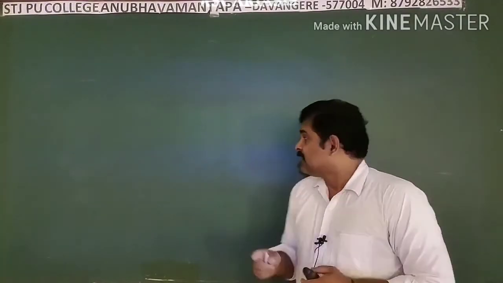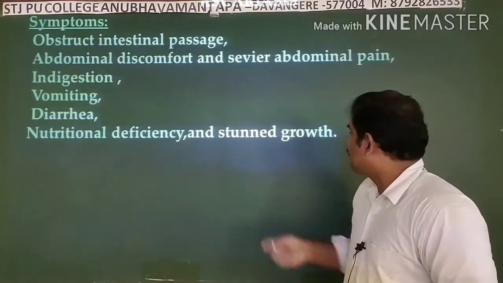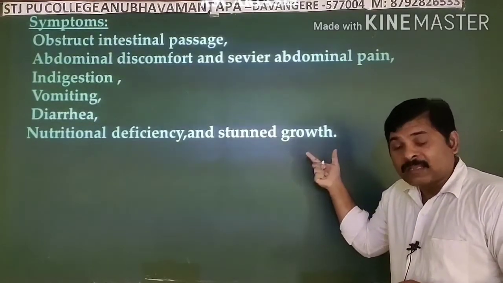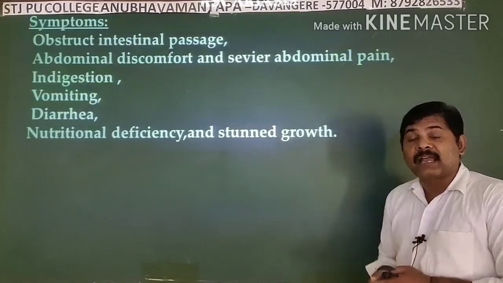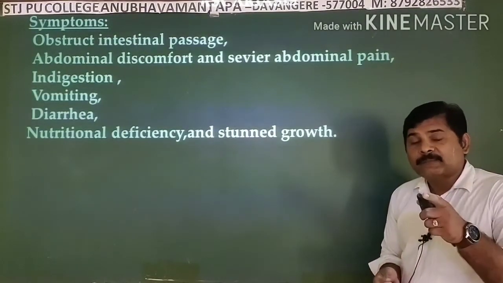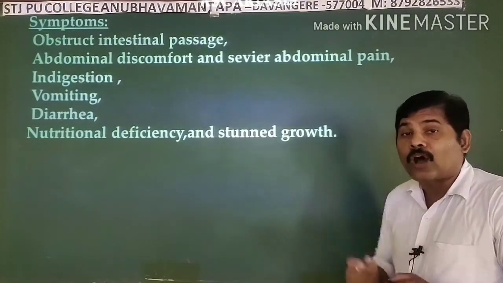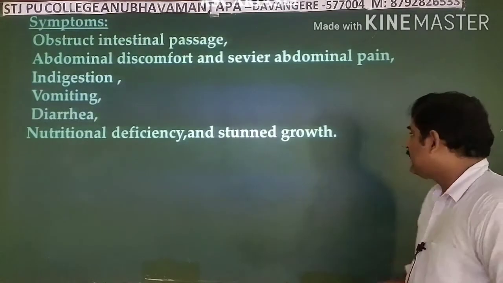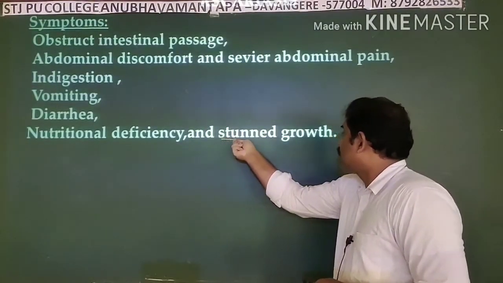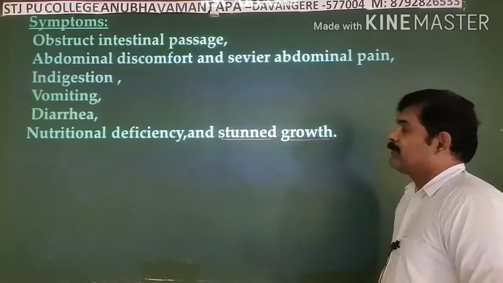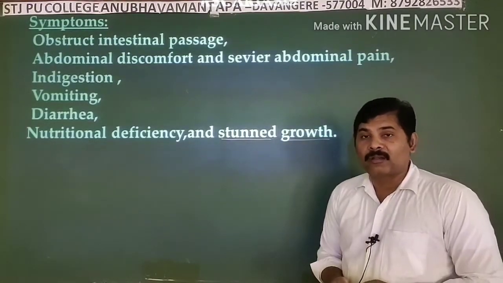The reason is that this organism present in our body releases a kind of substances, and these substances don't allow the growth hormone in our body to act, so it leads to stunted growth in children. It's another important point related to this.